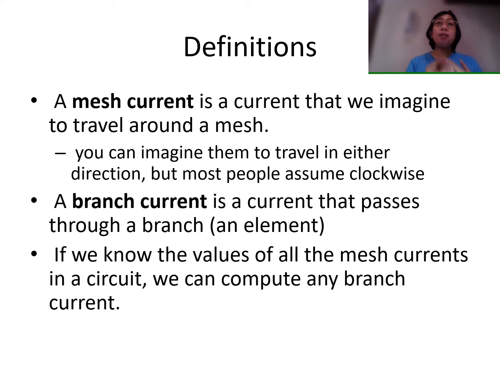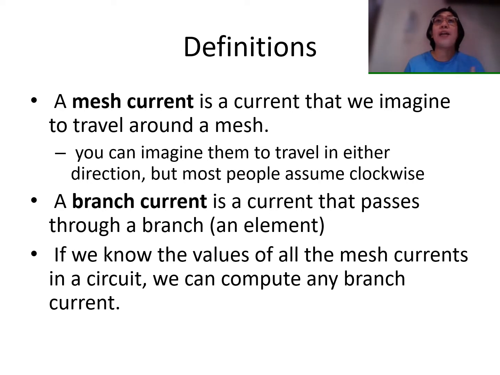What is the difference between a mesh current and a branch current? Usually when we use Kirchhoff's laws, we are trying to solve for the branch currents. A branch current is a current that passes through a branch or an element. For example, if there are 5 branches in your circuit, there are 5 branch currents to solve for. 5 unknown currents means 5 different equations to solve.